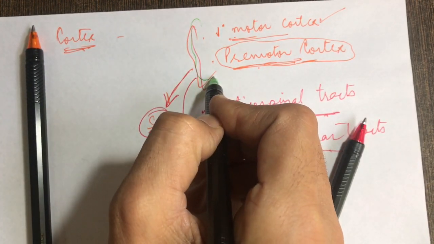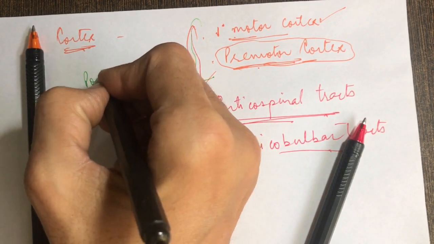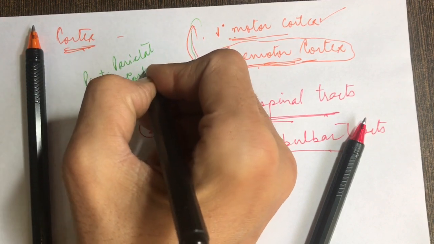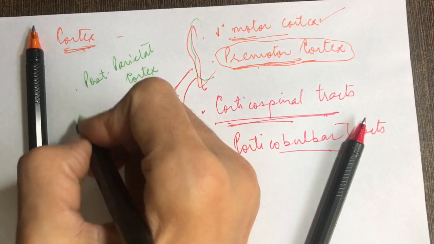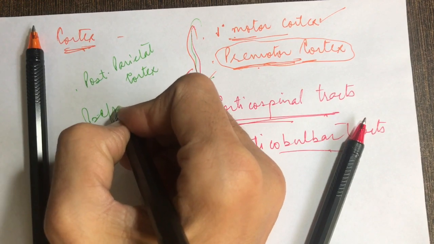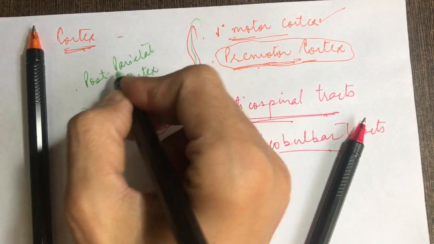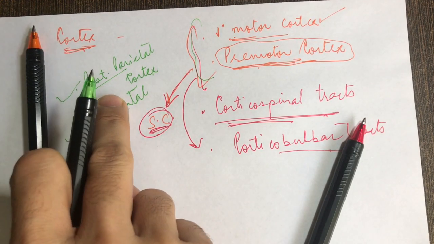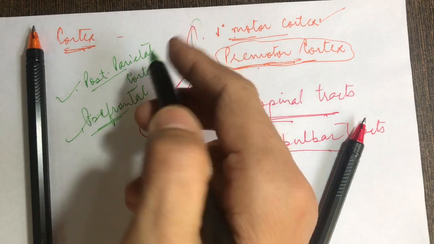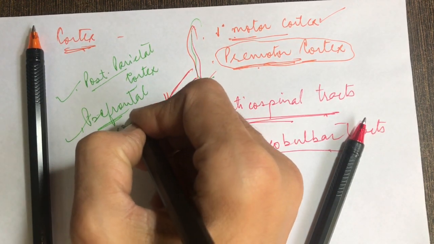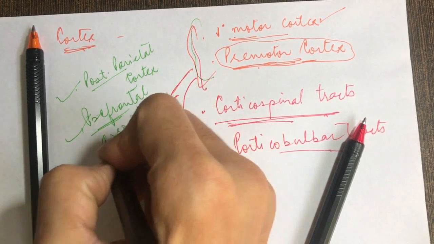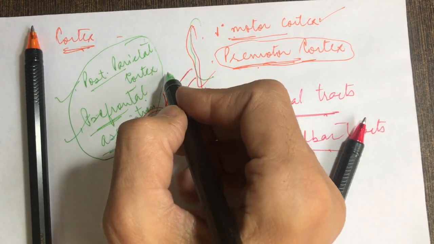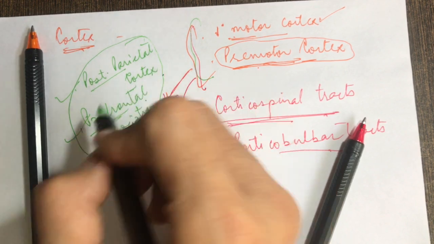Now these areas, the primary motor and the premotor, where are they receiving information from? They receive information from the posterior parietal cortex and the prefrontal cortex. These two, the prefrontal and posterior parietal areas, or prefrontal association area to be precise, help in receiving sensation, execution and sequencing of movement.